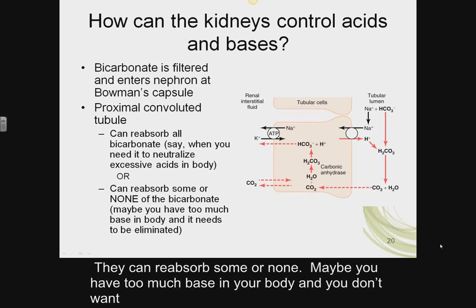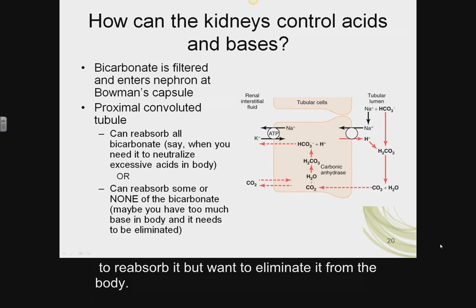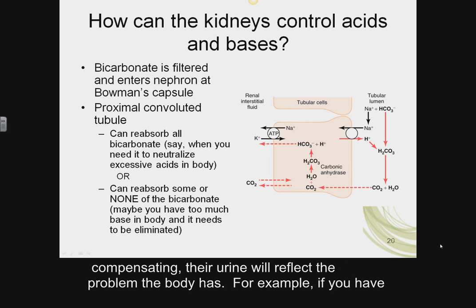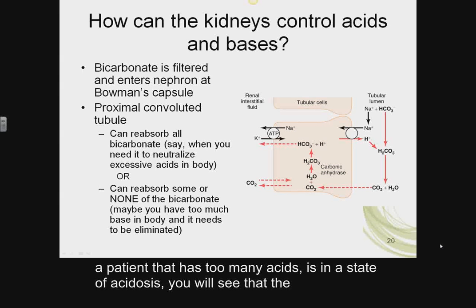Maybe you have too much base in your body and you don't want to reabsorb it, but want to eliminate it from the body. It is important to understand that when a patient has an acid-base disorder, if and when their kidneys are compensating, their urine will reflect the problem the body has. For example, if you have a patient that has too many acids, they are in a state of acidosis.